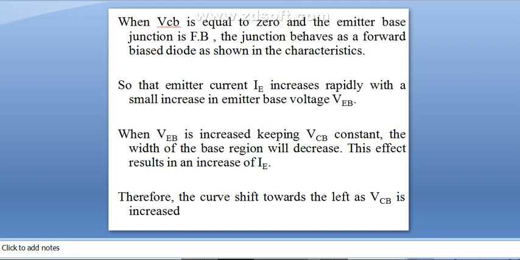Why? Because if VEB is increased, keeping VCB constant, the width of the base region will decrease. Then the emitter current will increase. So that's why the curve shifts towards the left as VCB is increased.